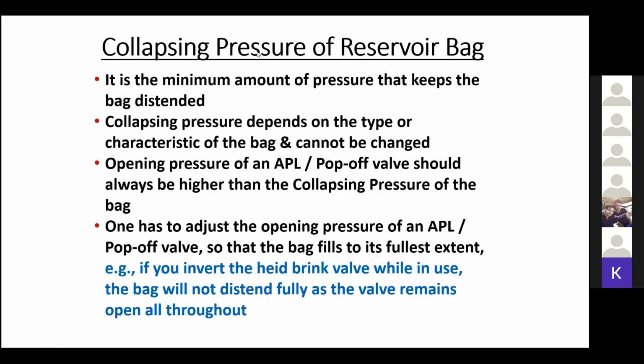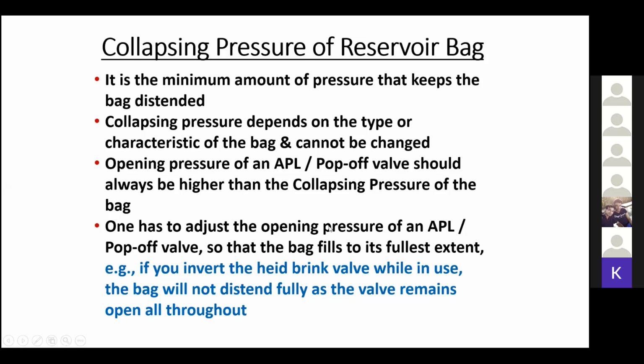Now there's something called the collapsing pressure of a reservoir bag. By definition, it is the minimum amount of pressure that keeps the bag distended. Collapsing pressure depends on the type or characteristic of the bag and cannot be changed. The opening pressure of an APL valve, pop-off valve, let us say, or Heidbrink valve, should always be higher than the collapsing pressure of the bag.